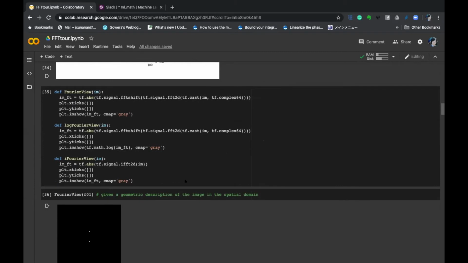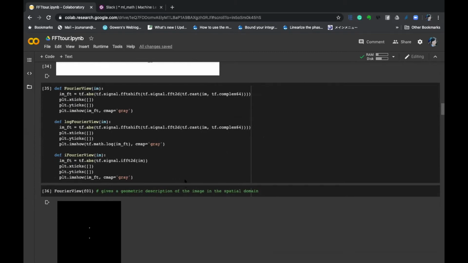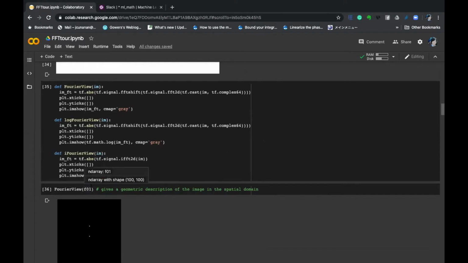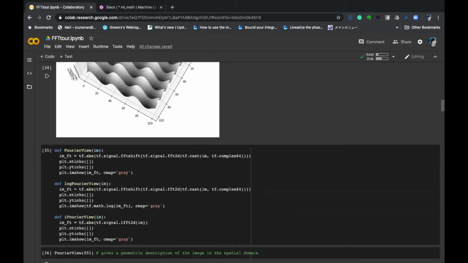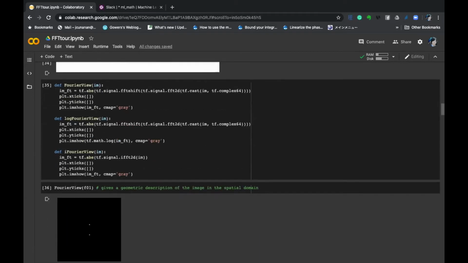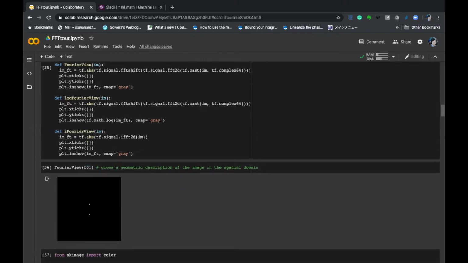Now I also defined functions to give us the existing frequencies. Since these are pure sine functions, my function Fourier view only gave us these two. Actually, you can think of just one.